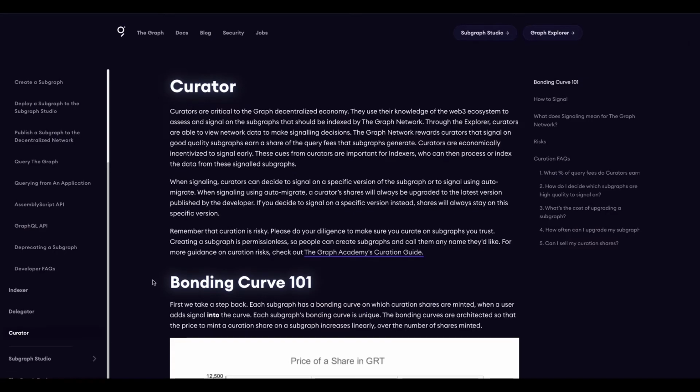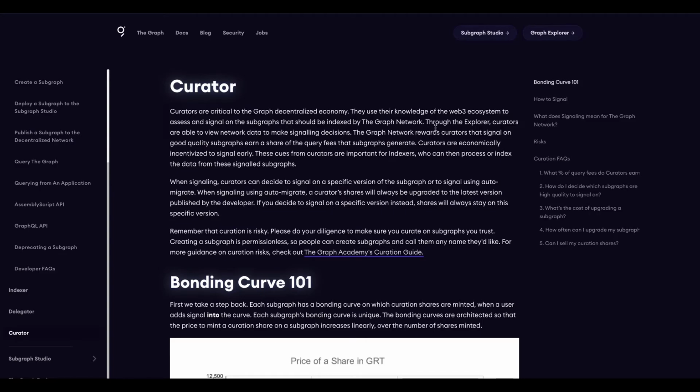Curators are critical to the graph. They use their knowledge of basically the crypto blockchain to access and signal subgraphs that should be indexed by GRT. So through the Explorer, curators are able to view network data to make signaling decisions.